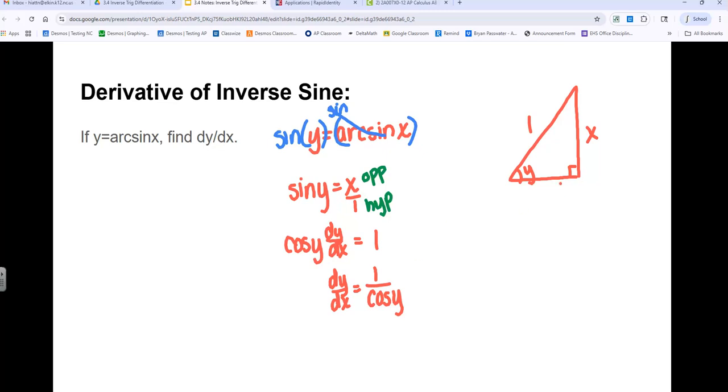So if I go over here, if I want to find cosine of y, that would equal the adjacent over the hypotenuse right here. Now, adjacent, I don't know what it is. What's the hypotenuse? It's 1.